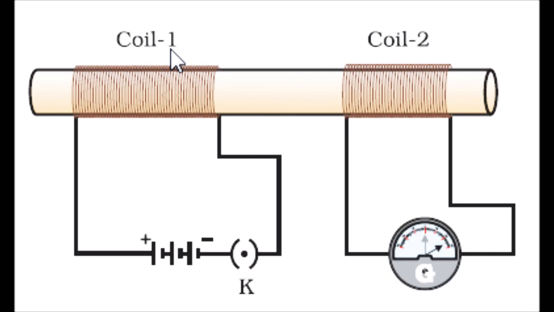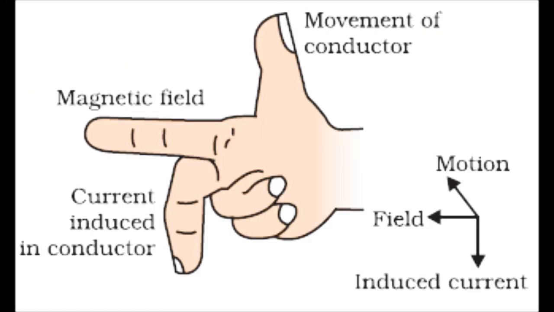The induced current is found to be the highest when the direction of motion of the coil is at right angles to the magnetic field. For this, a simple rule is used to know the direction of the induced current, that is Fleming's right hand rule.